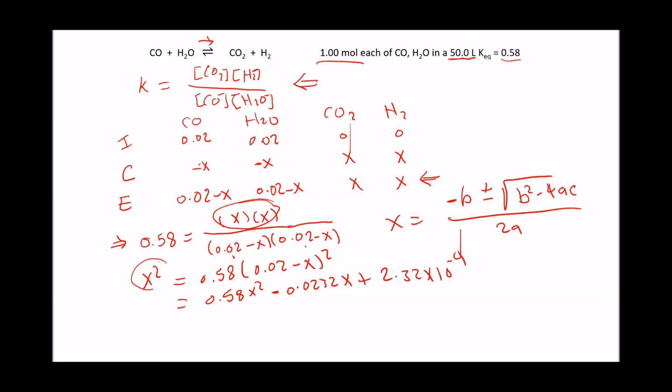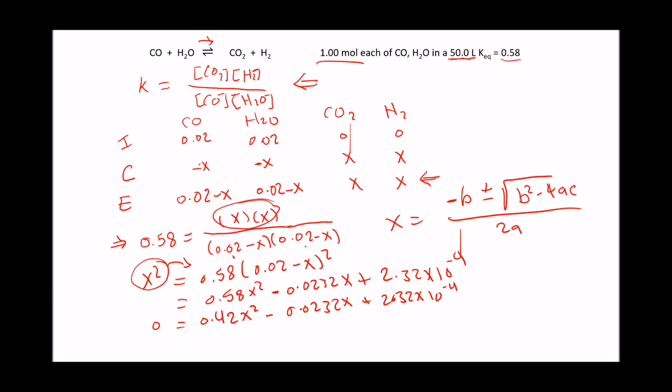You just take this to the other side. So 0 is going to equal 0.42 x squared minus 0.0232 x plus 2.32 times 10 to the negative 4.